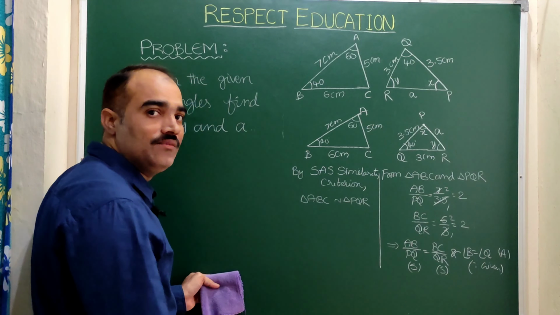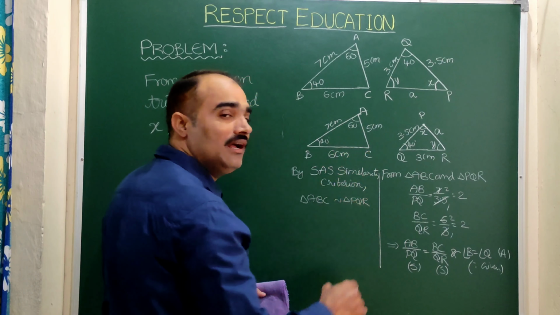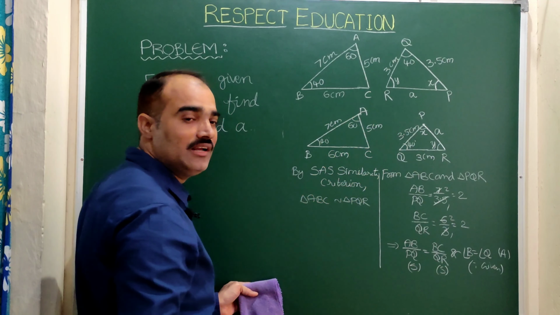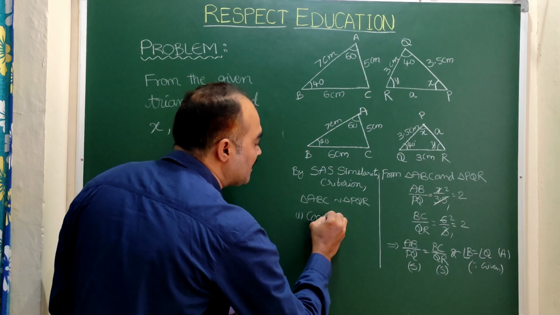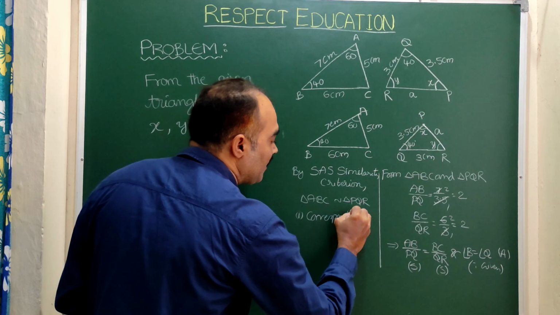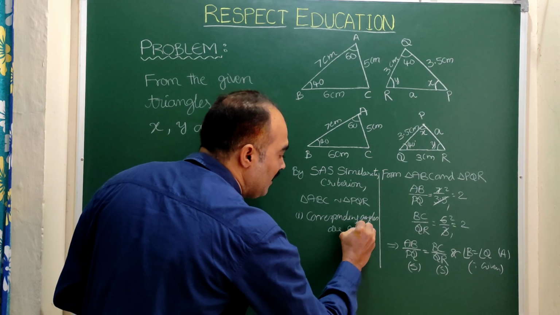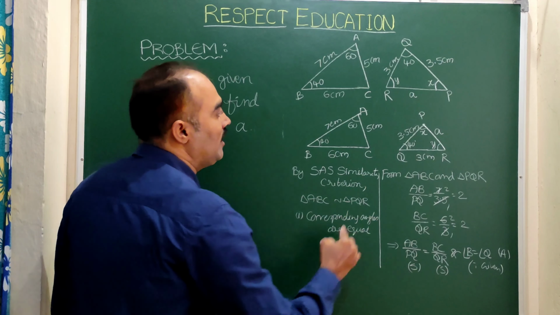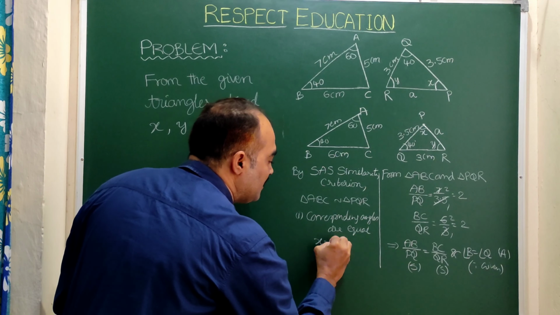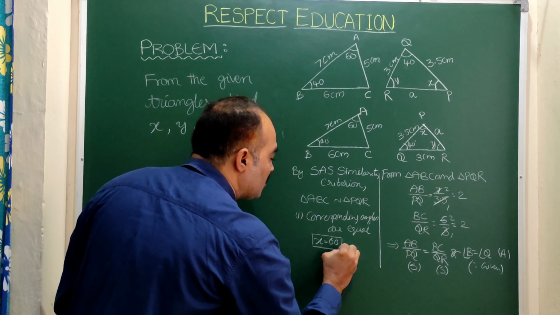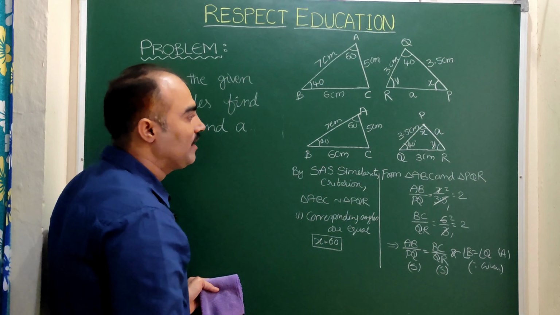Then we know if two triangles are similar, their corresponding sides are proportional and corresponding angles are equal. So first, corresponding angles are equal. Let us write x equal to 60. We are asked to find x, y and a, in which we got the x value.